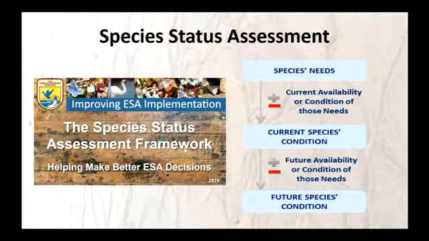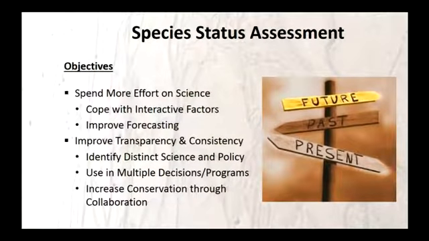It's trying to introduce objectives for the scientific part of their decision-making that allows the service biologists to spend more time dealing with the scientific information and not worrying about the decision-making part. So it's kind of separating out the science from the decision-making part.